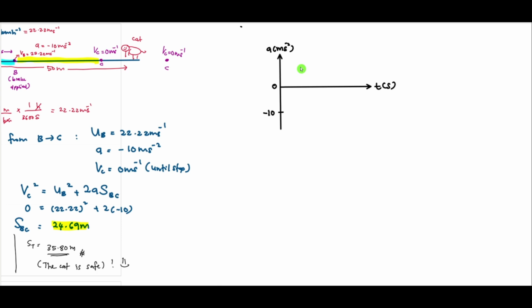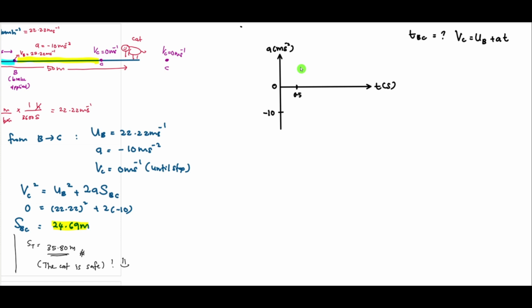So bila sketch graph, mesti letak dia punya time frame dia from 0 to, so reaction time tadi kita tahu. Reaction time here 0.5 seconds, from A to B. So what is the time taken from B to C? We can calculate by using the equation VC equals UB plus AT.